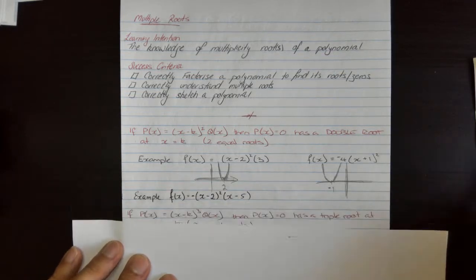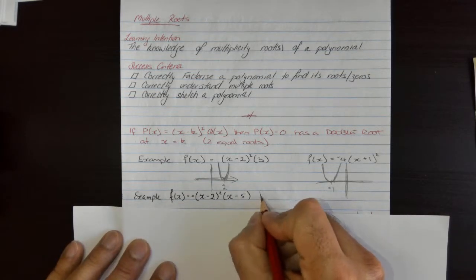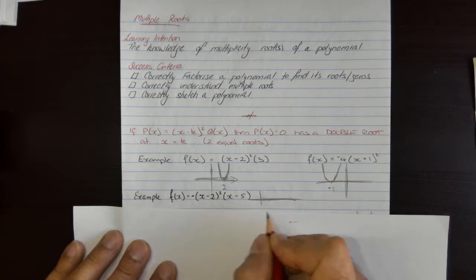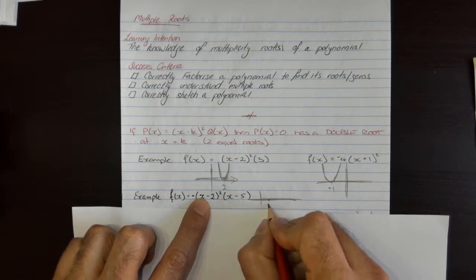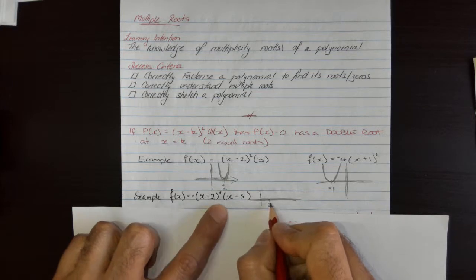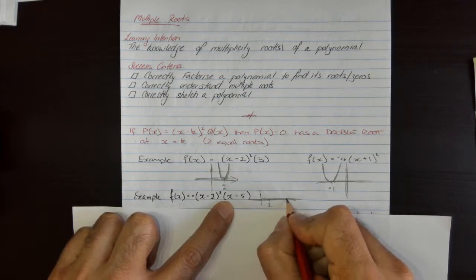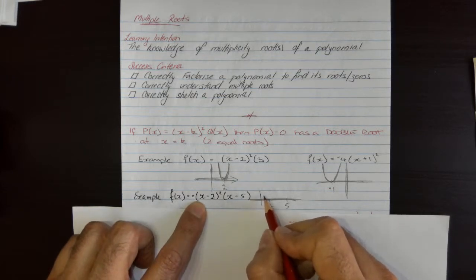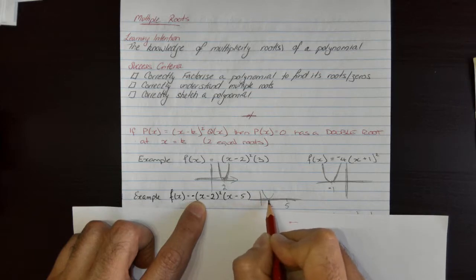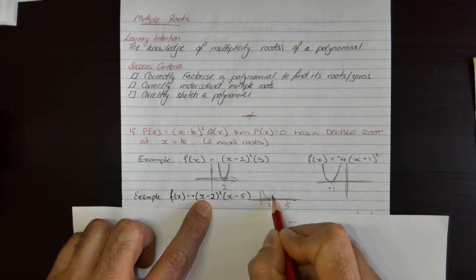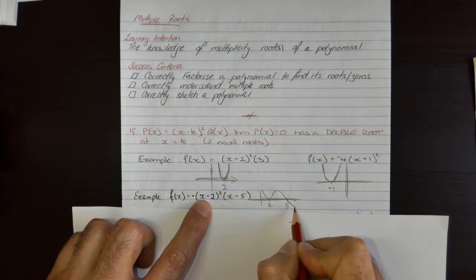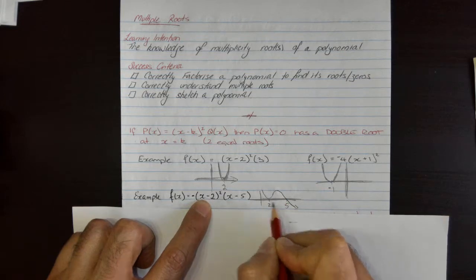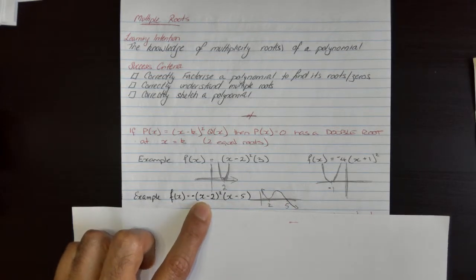What we would have is an x-intercept of 2 and an x-intercept of 5. As it's a negative, I'll do it this way. It's going to touch the x-intercept and bounce back off it, and then cut through the next one. Okay, and that's your polynomial for there.